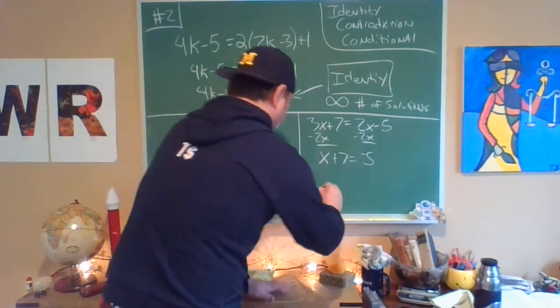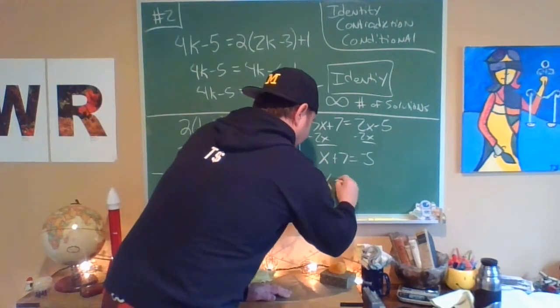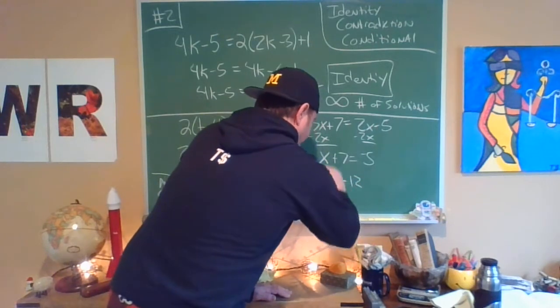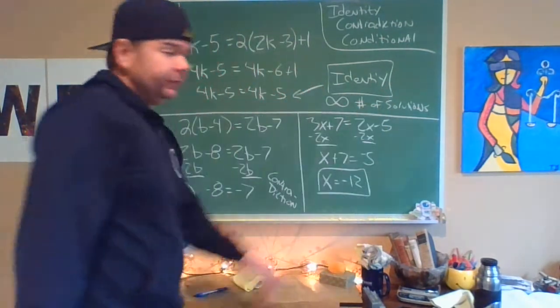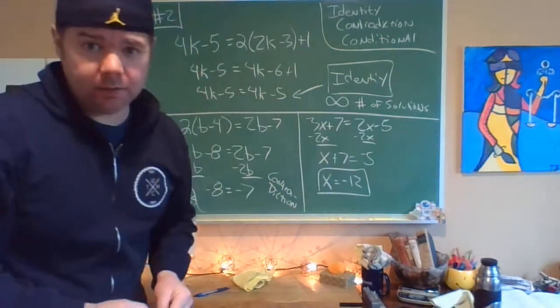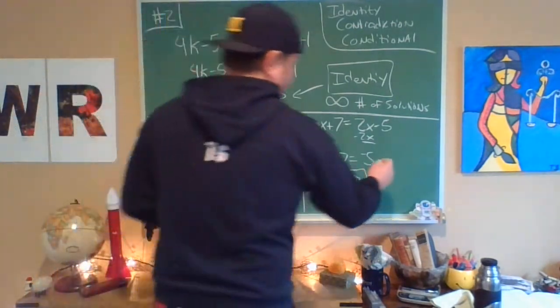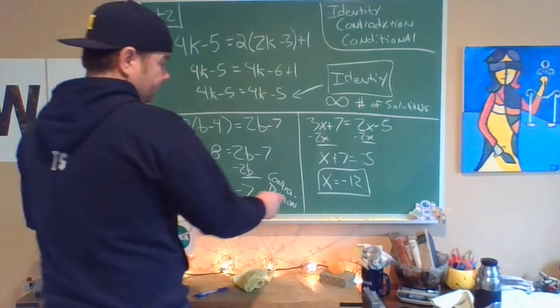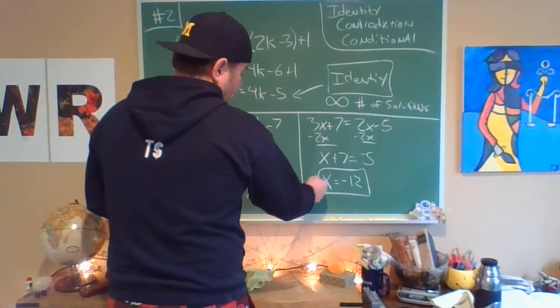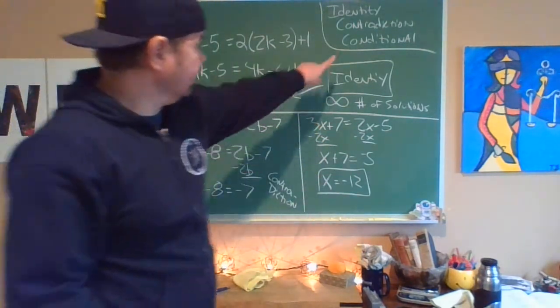Oh, okay, this is just your basic subtract 7 from both sides, x equals negative 12. So this equation here has one and only one solution. If an equation has one solution, it's definitely a conditional equation.